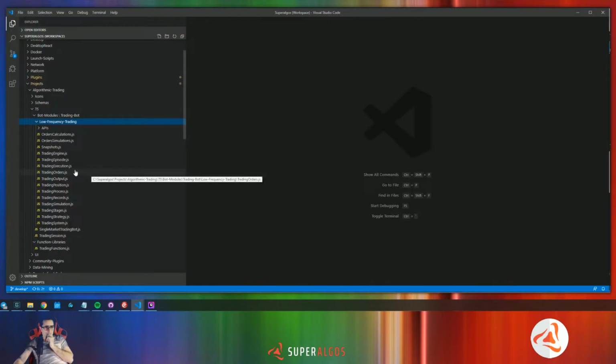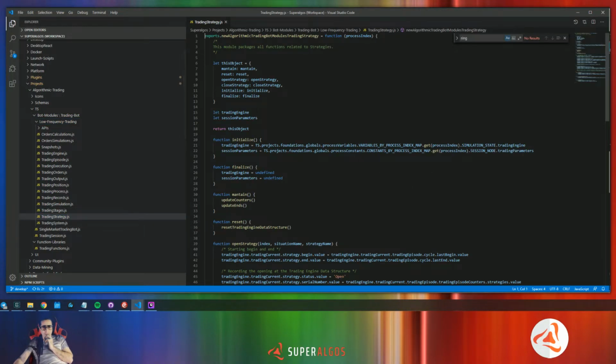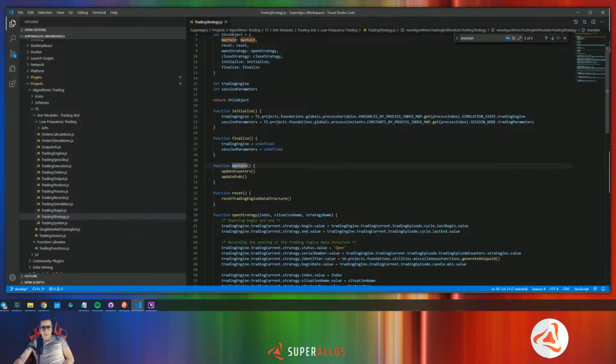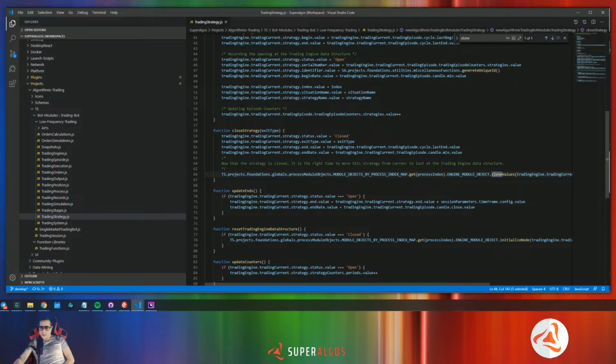So trading strategy: maintain, reset, open, close. What does this maintain mean? Update counters, update ends, clone. There is one clone somewhere. Okay, clone values.